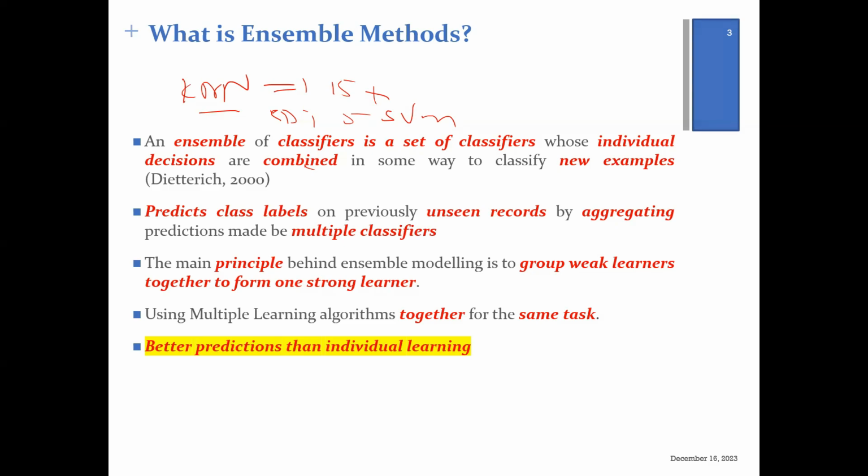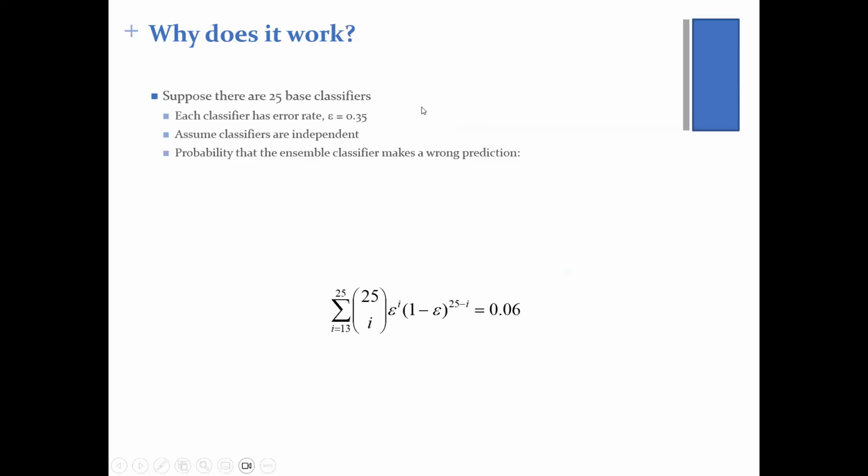So this is a simple kind of revision on ensemble. Why does ensemble work? Suppose that you have 25 base classifiers, and each classifier has an error rate of 0.35.